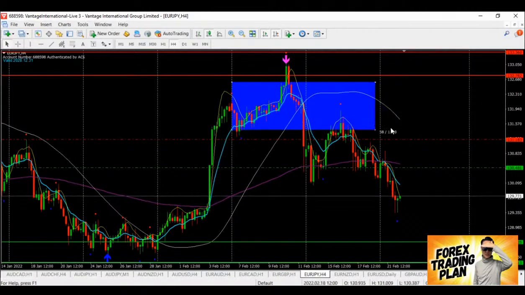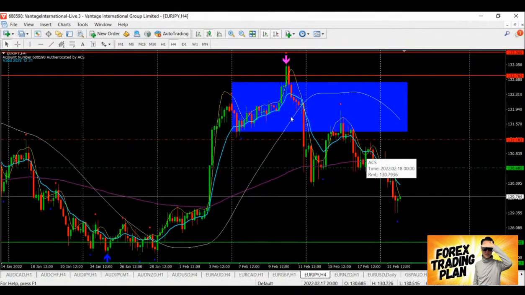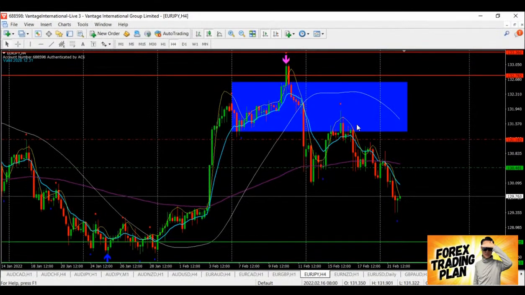So it tested once because the support became the resistance. It tested into the resistance area and broke down, tested again, and went down. Lower high creating, correct? So it actually hits the resistance and comes down for selling.